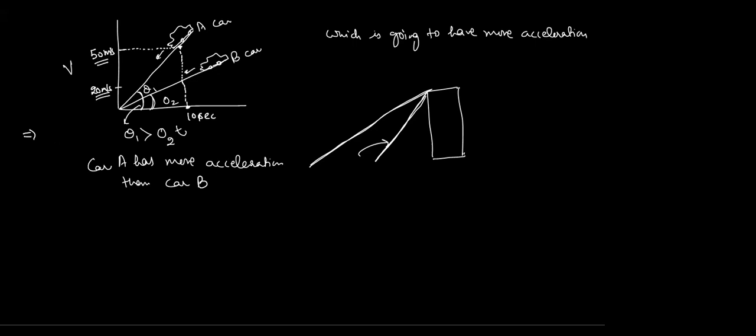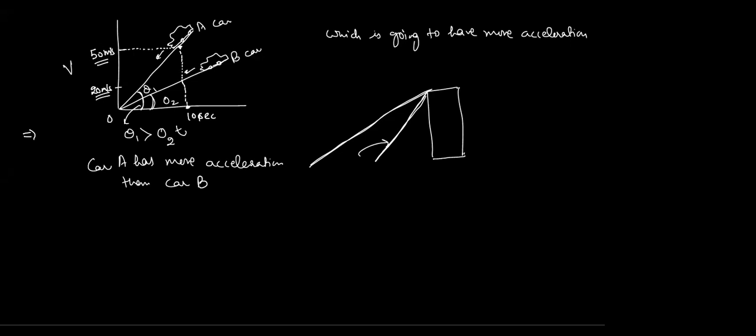So simply I can say that in 10 seconds, car A reaches from 0 to 50 and car B reaches from 0 to 20. For the fixed period of time, car A changes its velocity from 0 to 50, and car B changes its velocity from 0 to 20 only.